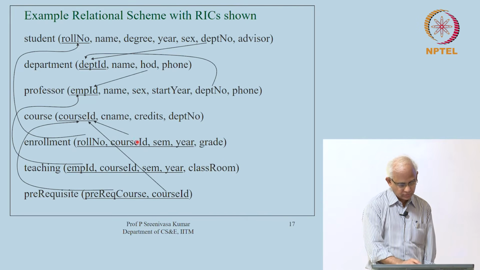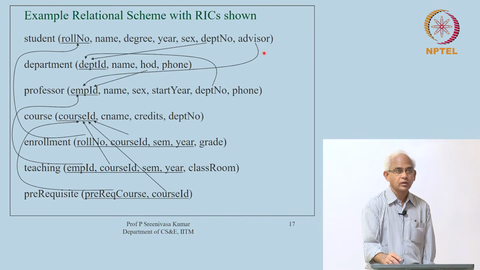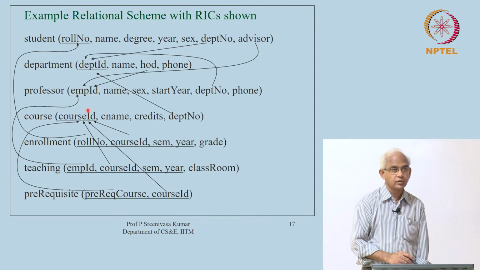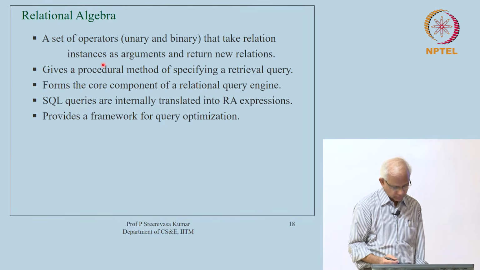Course ID here is a foreign key referring to course. Obviously here also course ID is a foreign key referring to that. And then here advisor is a foreign key that refers to the employee ID, and I suppose that is all. Okay. Department number here in the course relation refers to the department ID. Any more? Okay, that is it.